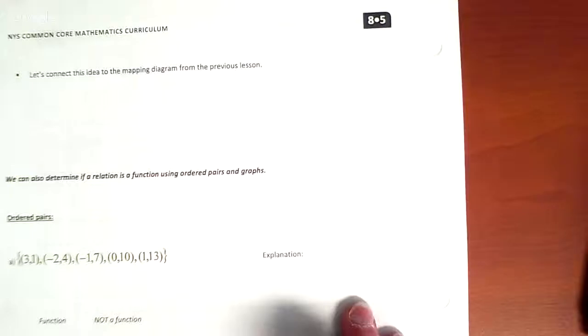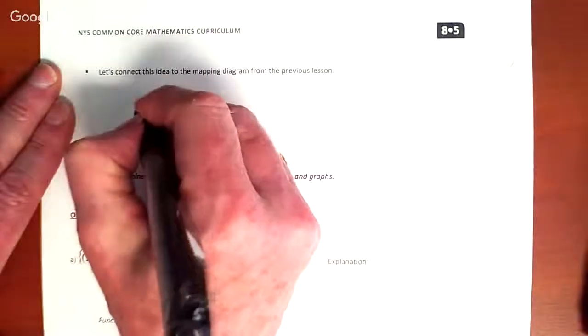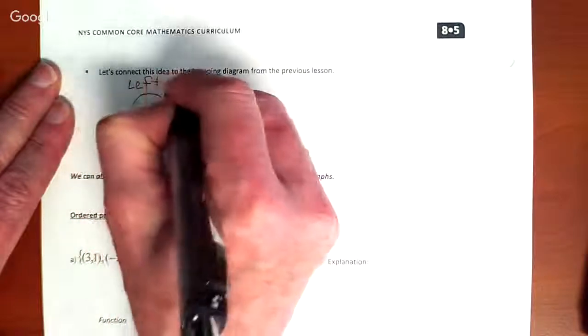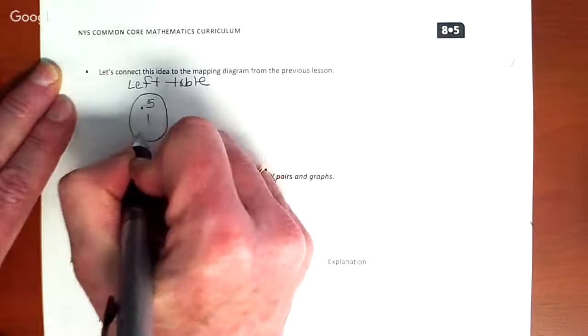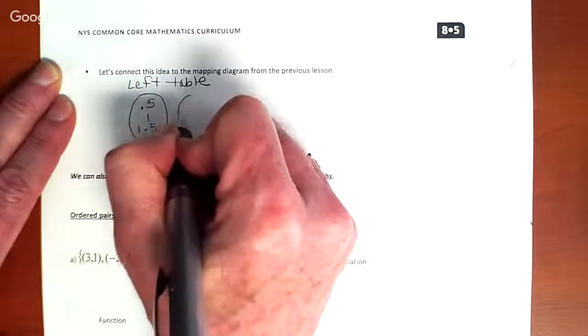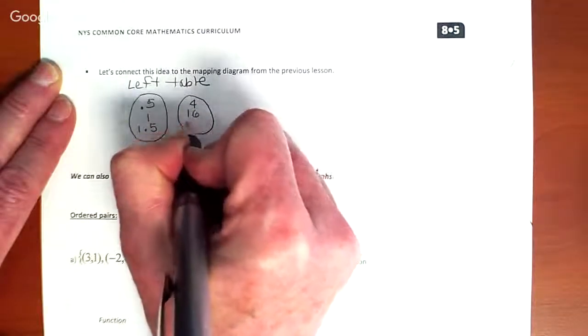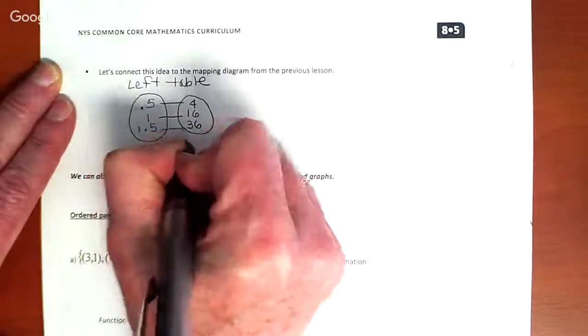Let's connect this idea to the mapping diagram from the previous lesson. From the left table, we have 0.5, 1, and 1.5. And they go to 4, 16, and 36. So they are 1 to 1.